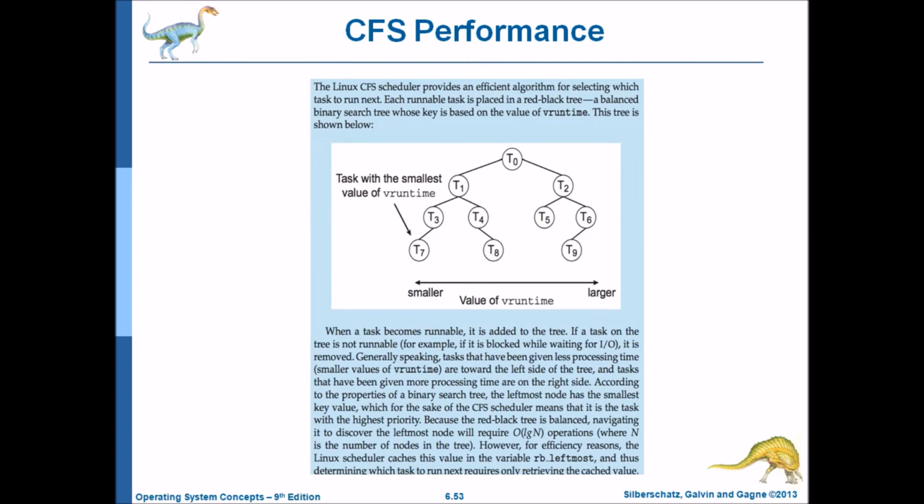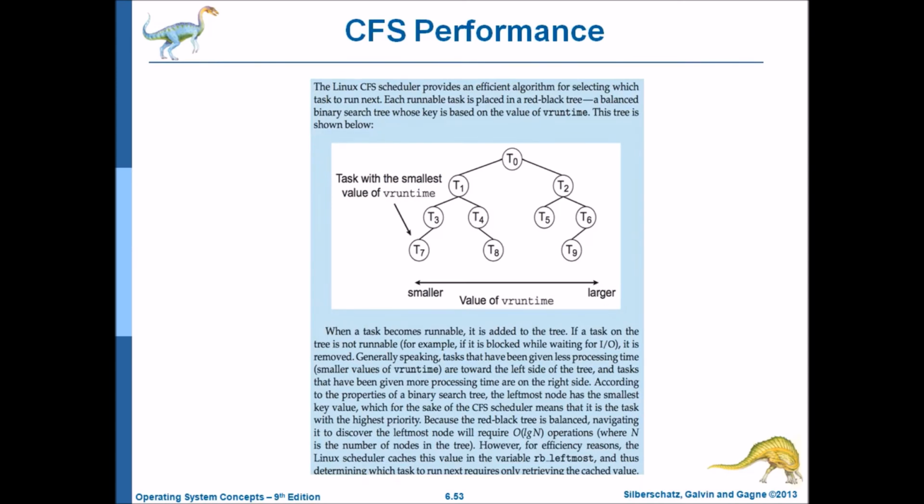Tasks that have been given less processing time, or have smaller values of vruntime, are towards the left side of the tree, and the inverse is at the right side, the tasks that have been given more processing time.